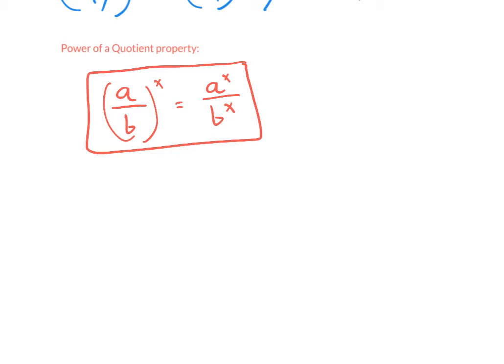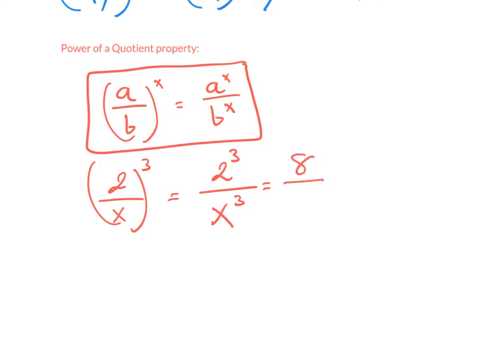So let's take some examples here. Let's suppose I have (2 over x) cubed. It's going to be 2 to the third over x to the third, which is going to be 8 over x to the third.